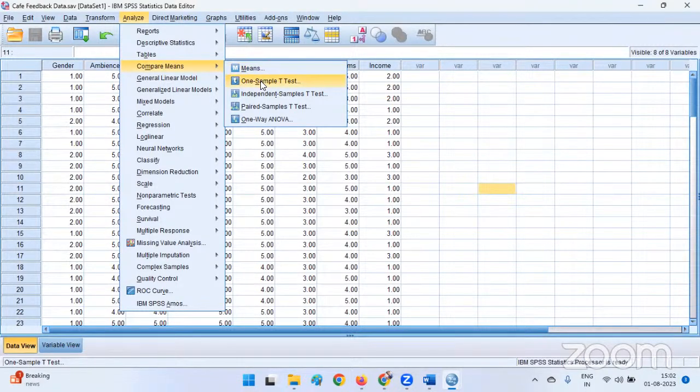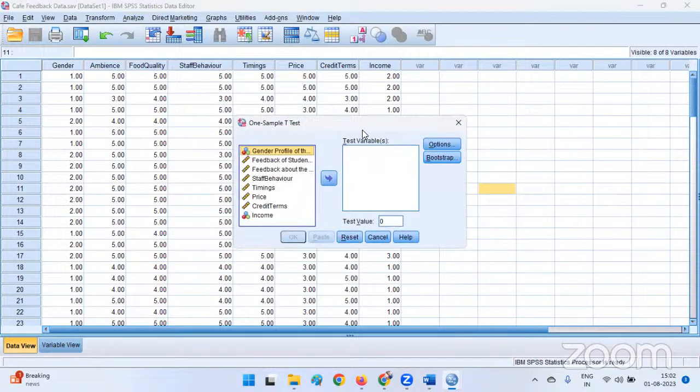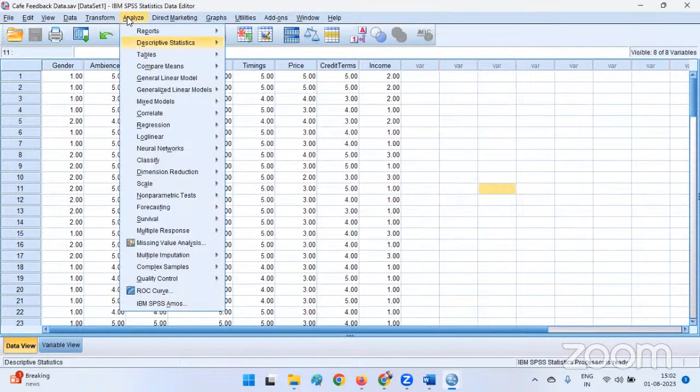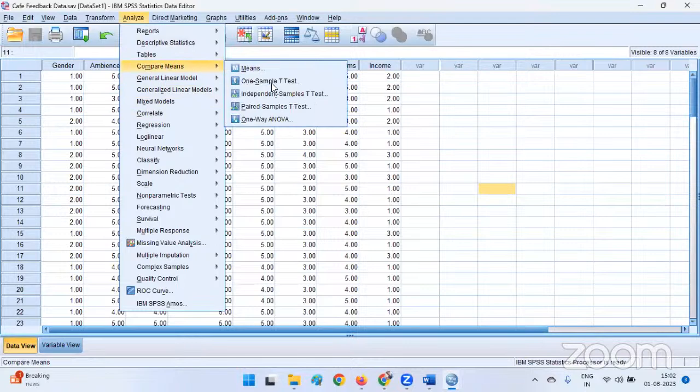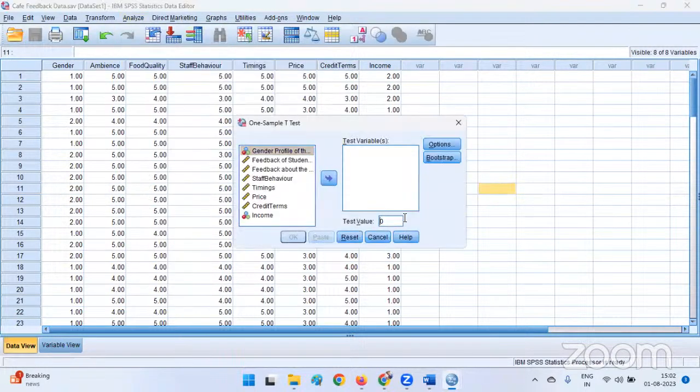We compare the mean with the test value, preferably the neutral value, the midpoint of the scale. For a 5-point scale, 5 plus 1 divided by 2 is 3. So from Analyze, I go to Compare Means, One-Sample T Test, and the test value is 3.